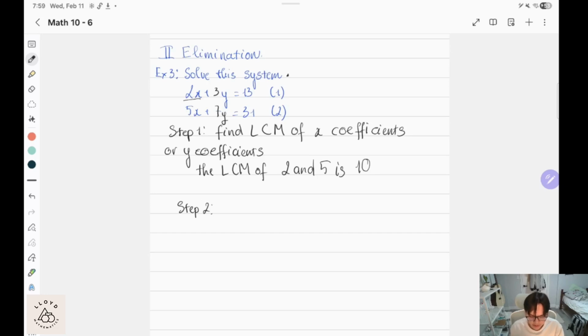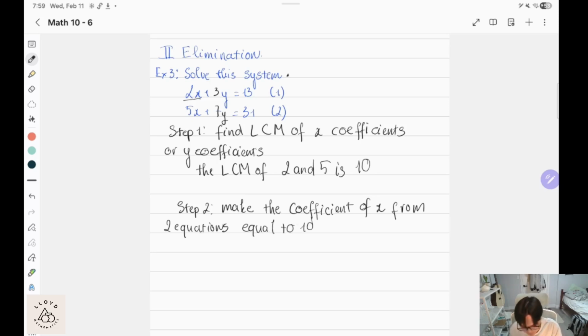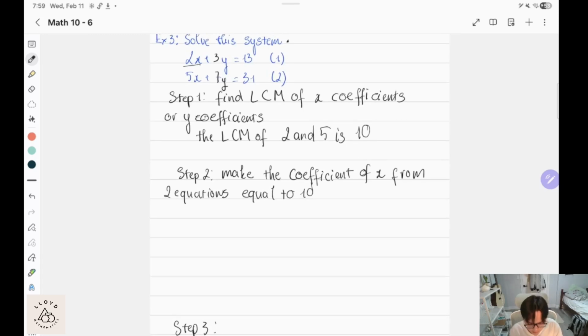The thing here is I need to make the coefficient of x in both equations equal to 10. At first I have this equation, 2x plus 3y equal to 13.